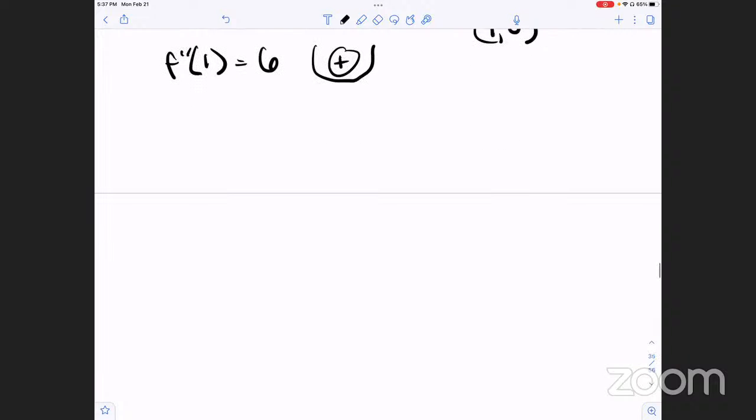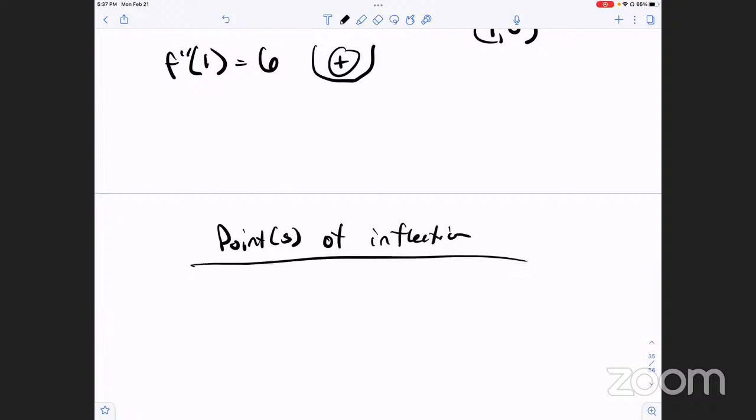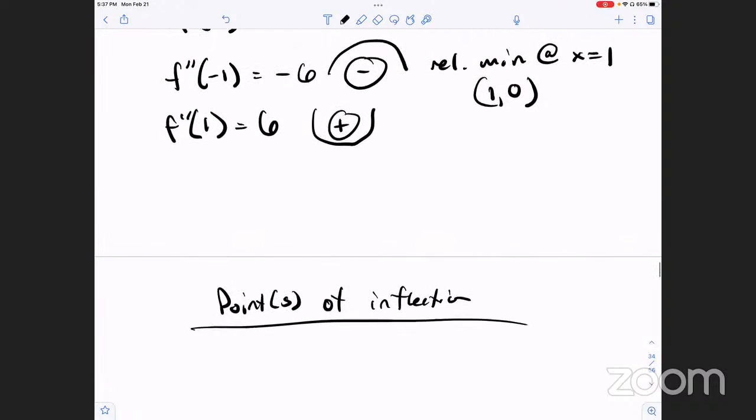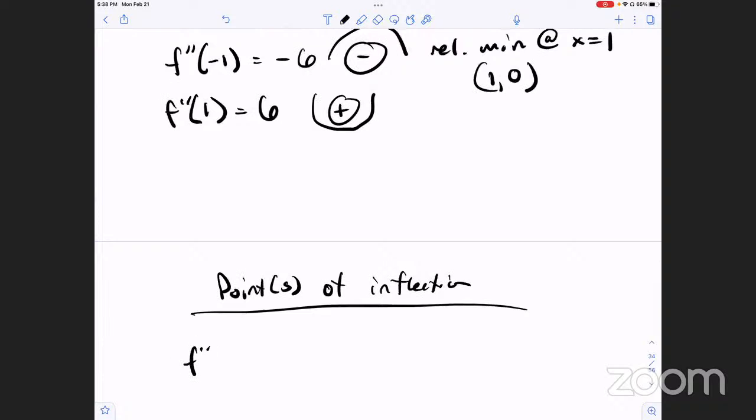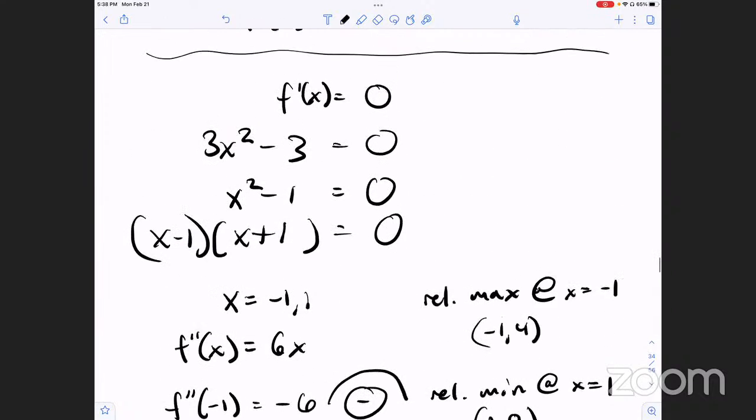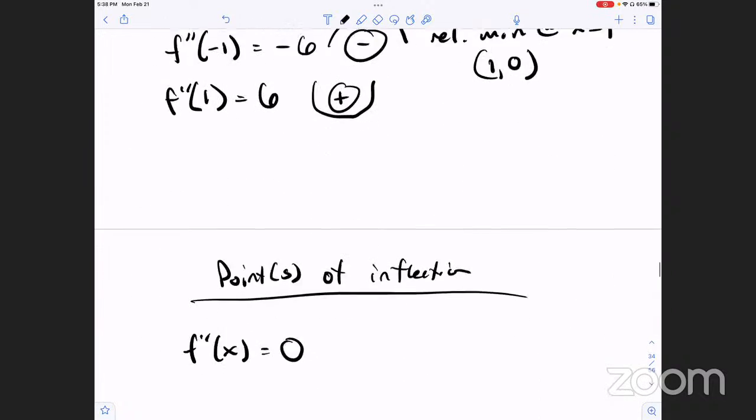So then let's find the points of inflection. That's where the second derivative is going to be 0 or undefined. What's just 6x?